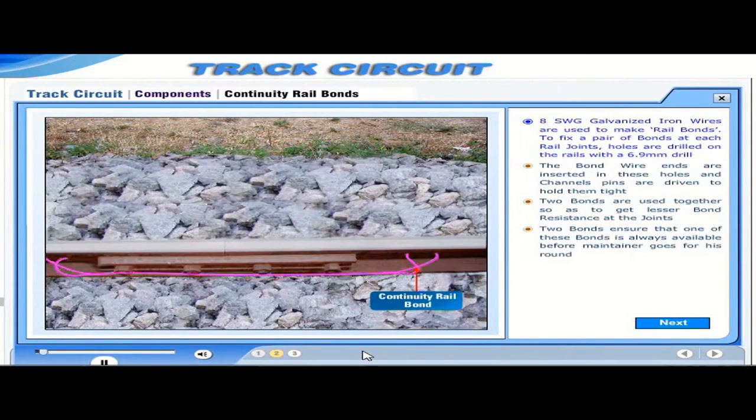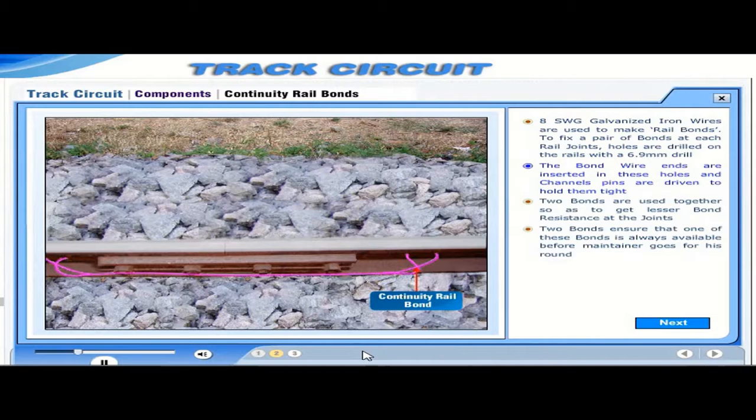8 SWG galvanized iron wires are used to make rail bonds. To fix a pair of bonds at each rail joint, holes are drilled on the rails with a 6.9 mm drill.